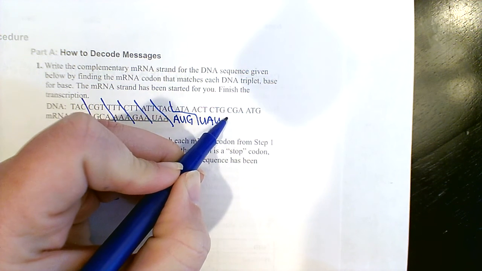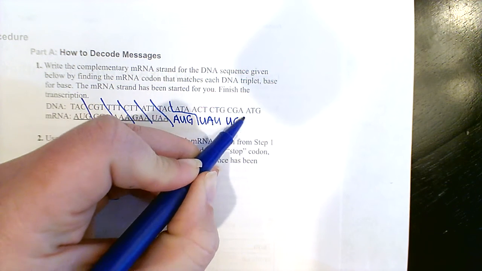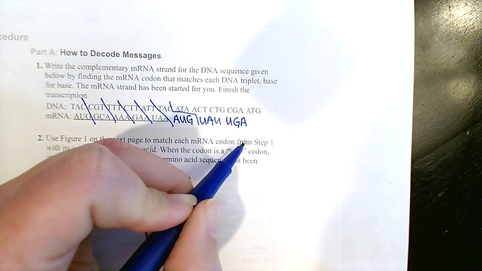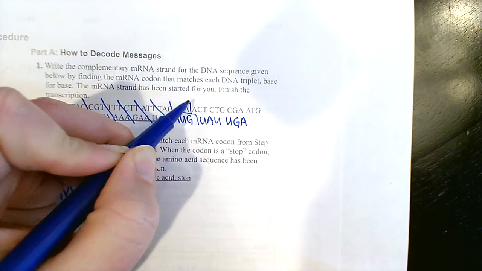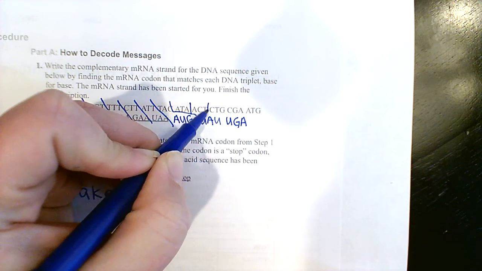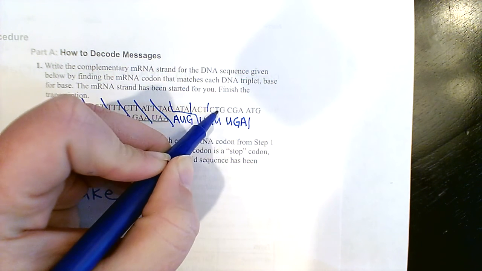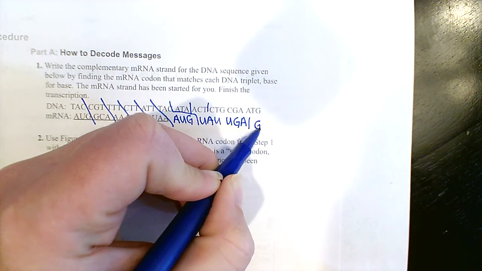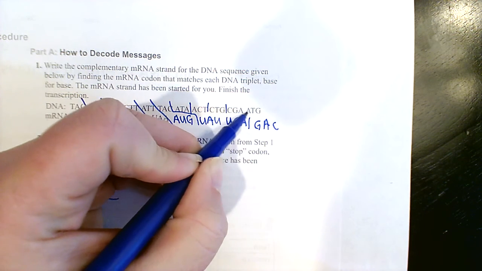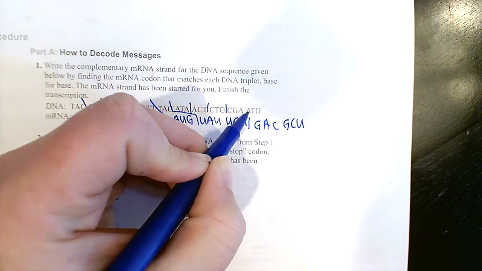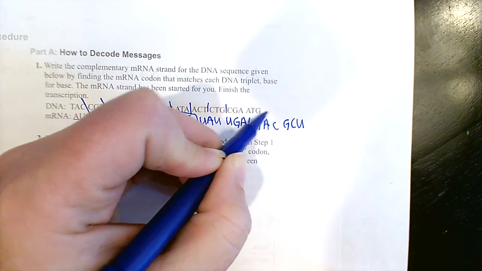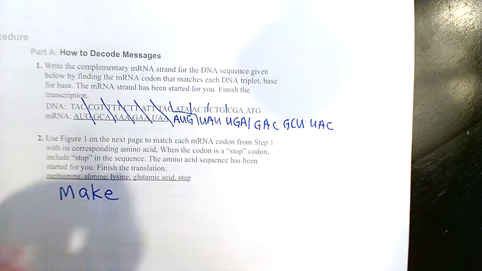ACT would be UGA. CTG would be GAC. CGA would be GCU. And ATG would be UAC.